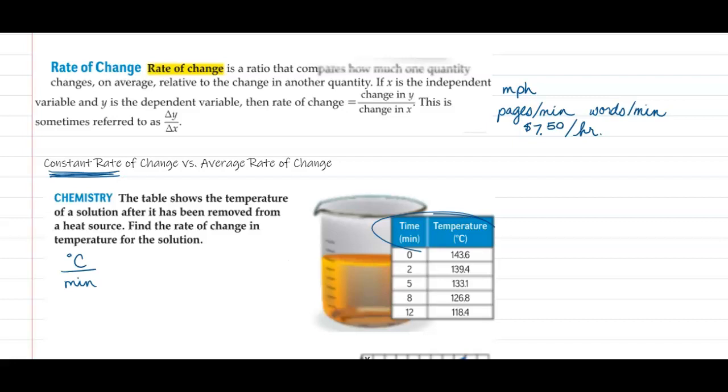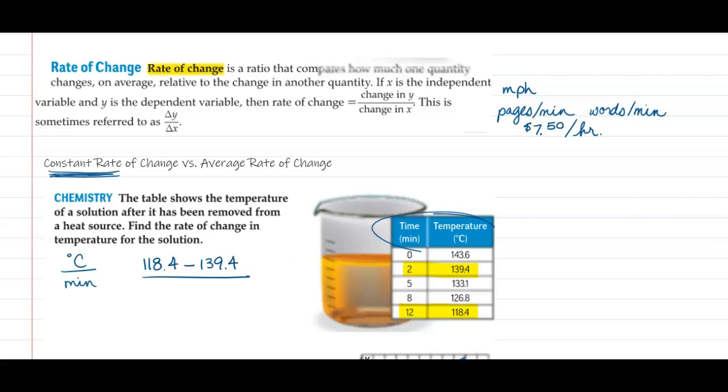It really doesn't matter which two. I'm going to choose this one and this one. Really won't make a difference. So how does the temperature change? Well, it started at 118.4 at the end here, and we're going to subtract the 139.4.